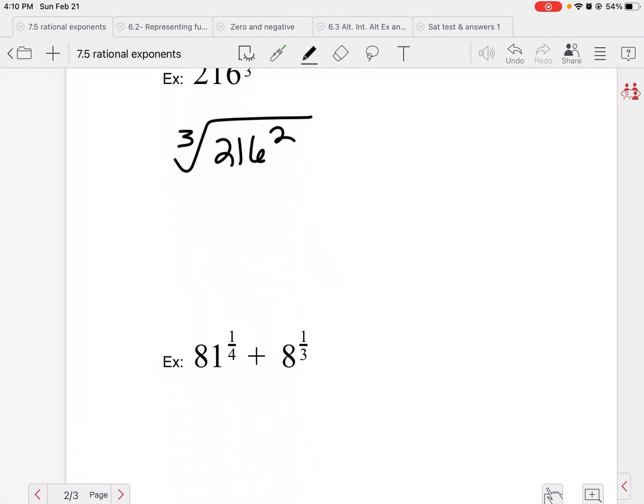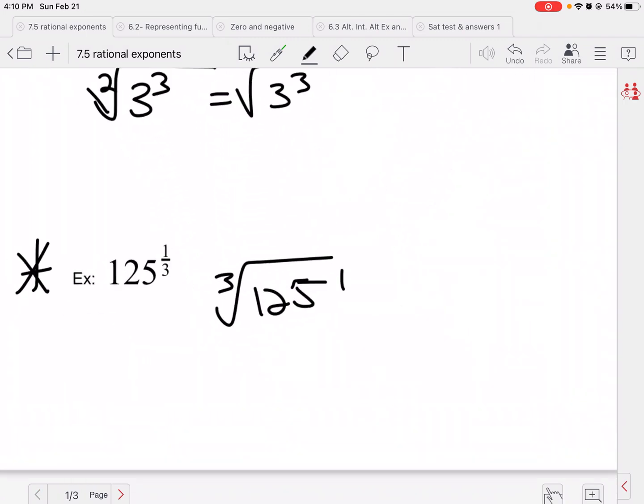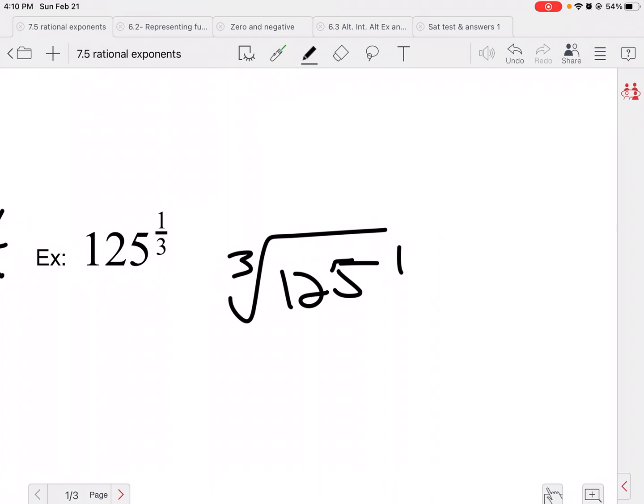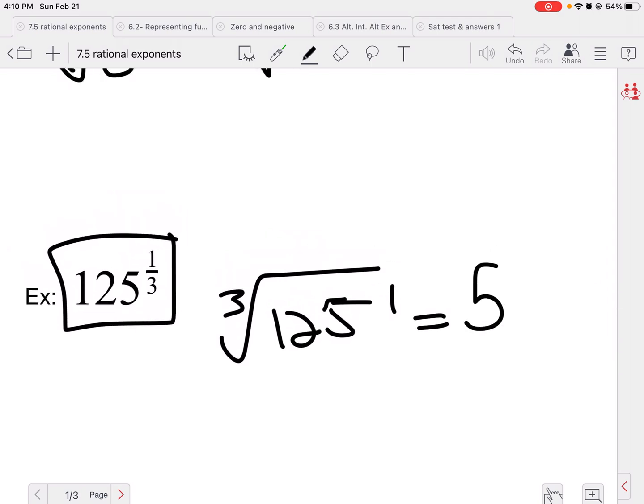Now this one, okay, and I think, if we go back to this one, if you know right off the top of your head, if you type in the calculator the cube root of 125, or if you type in 125 to the 1/3, you will get that it equals 5. So today, why don't you just type it in your calculator, okay? See what you get out, so you can practice using your calculator on that, okay?